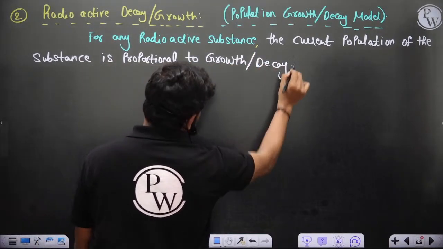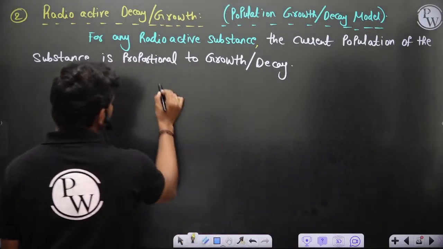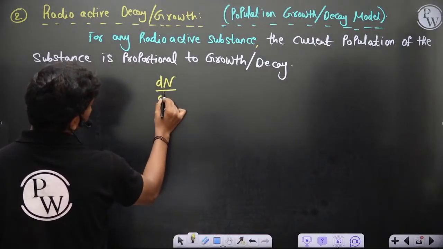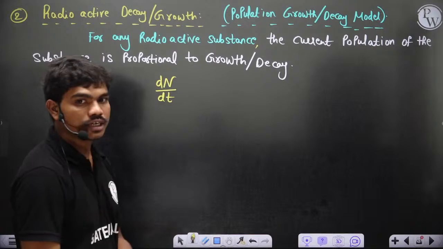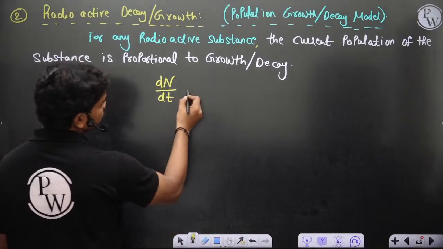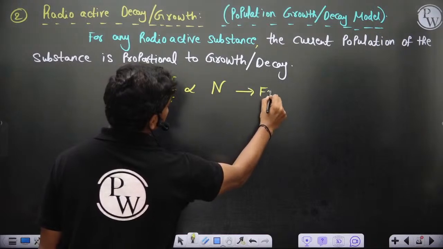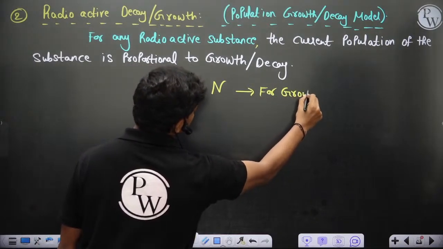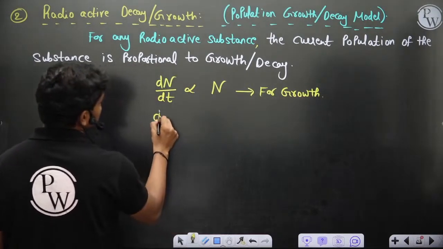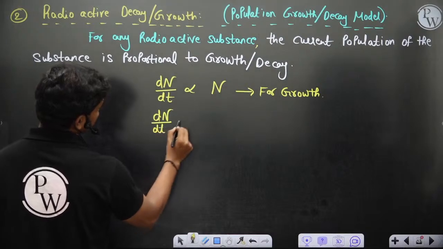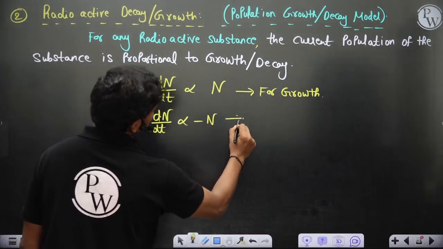So let's see, if you have dn by dt, where n is the current population, then dn by dt gives you the rate. So this is proportional to n, this is for growth. If they do not give you any model, then you can use this directly, and dn by dt is proportional to minus n for decay.